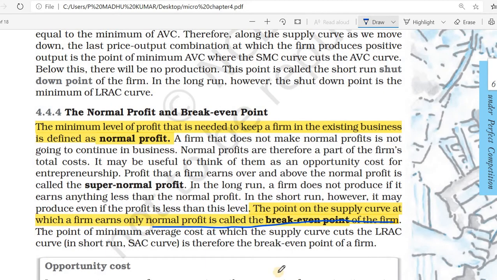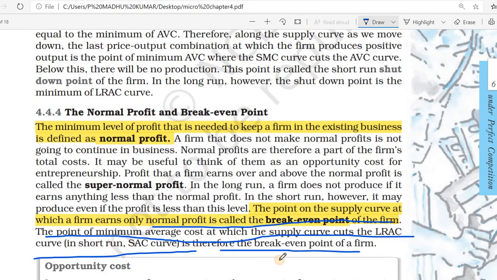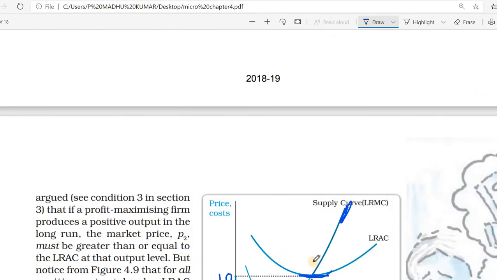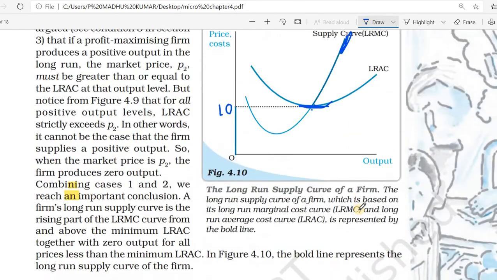It is the point of minimum average cost where the supply curve cuts the LRAC curve. That point is the break-even point.